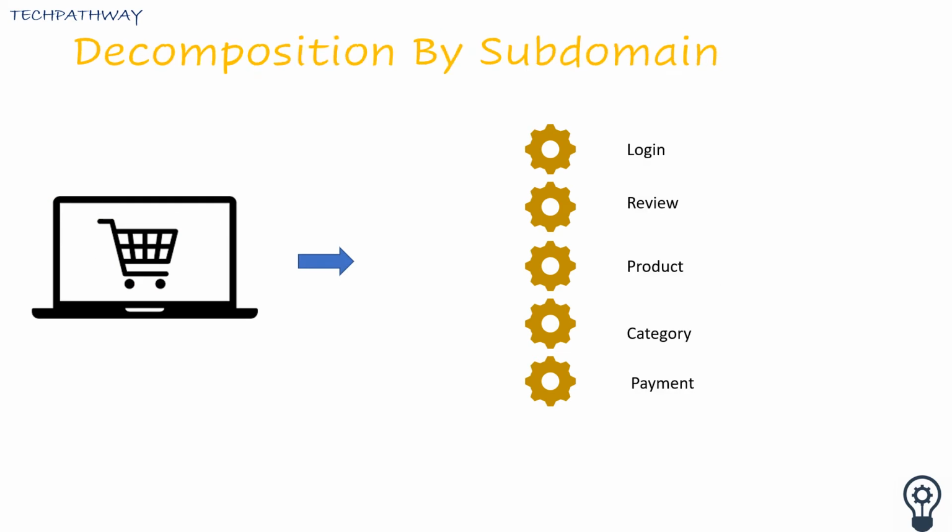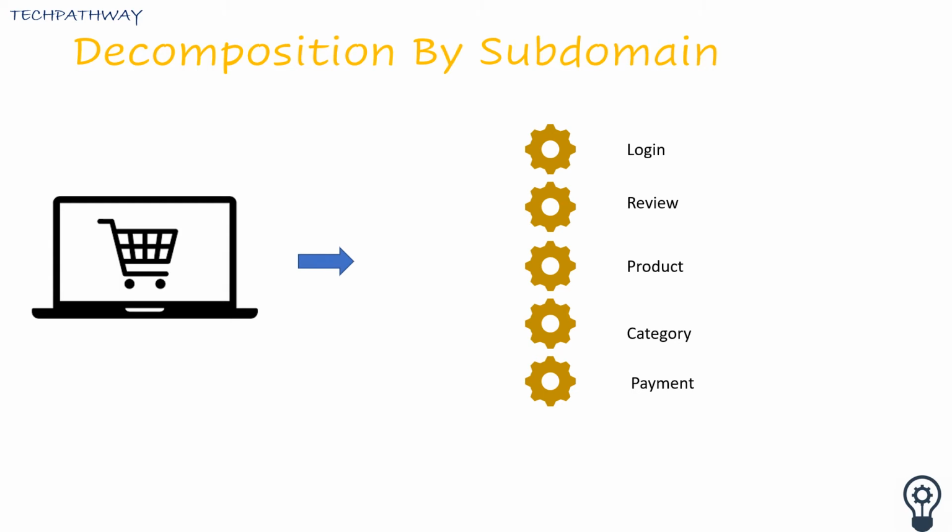Now second comes subdomain. If you go through the documents, subdomain and business capability are almost nearby, I can say the same, but there are a few differences. Domain in the sense we can take any application.